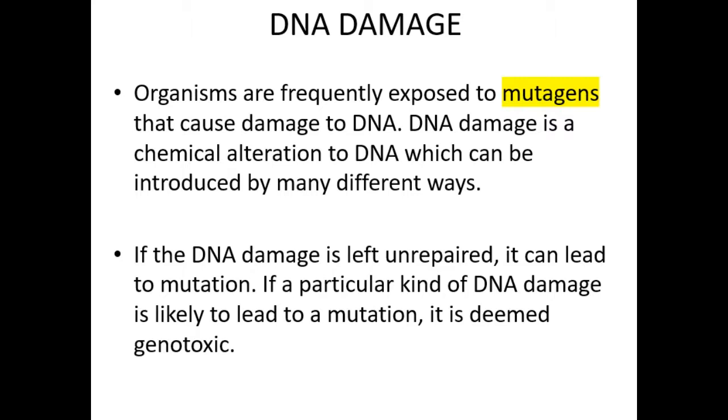This includes environmental chemicals and ionizing radiation. The process that produces a mutation is called mutagenesis. If the DNA damage is left unrepaired, then that leads to a mutation.